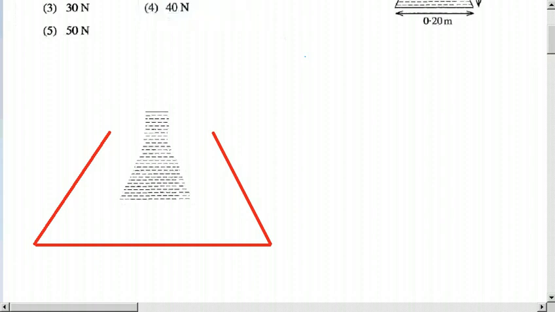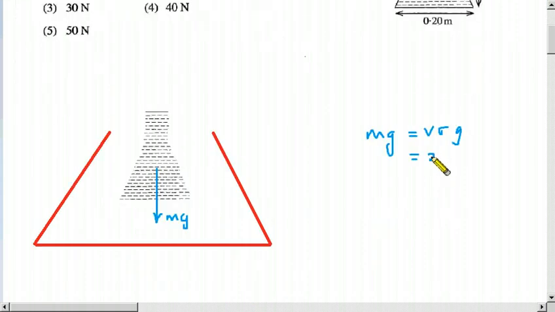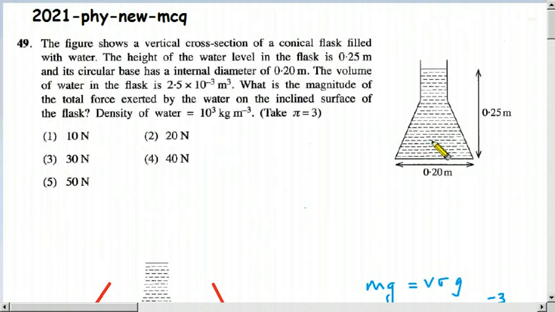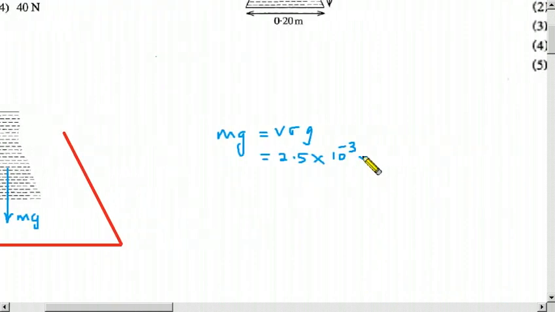First of all let us pay our attention to mg, that is the gravitational force, the weight. So mg is there. mg equals, we know, V sigma g. V is the volume. Volume is given, 2.5 times 10 power minus 3 cubic meter. Then density is given 10 power 3, and g is 10.